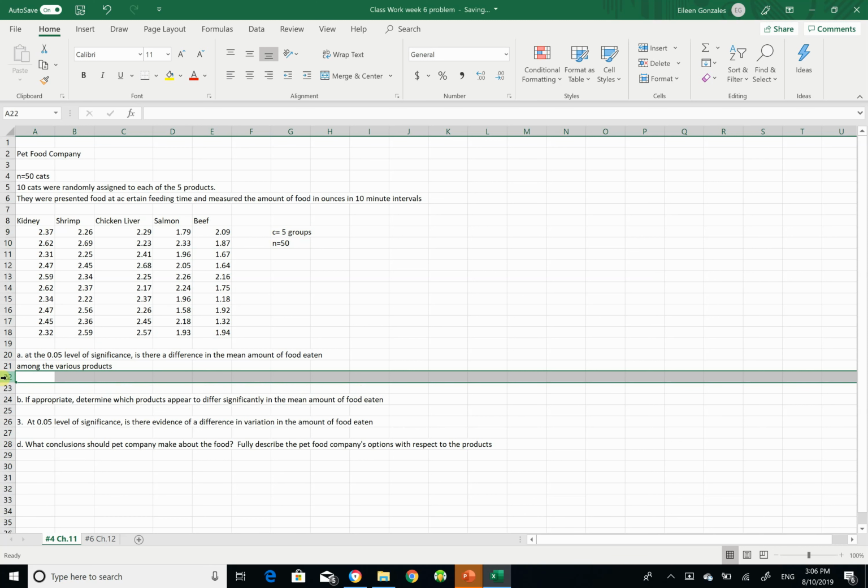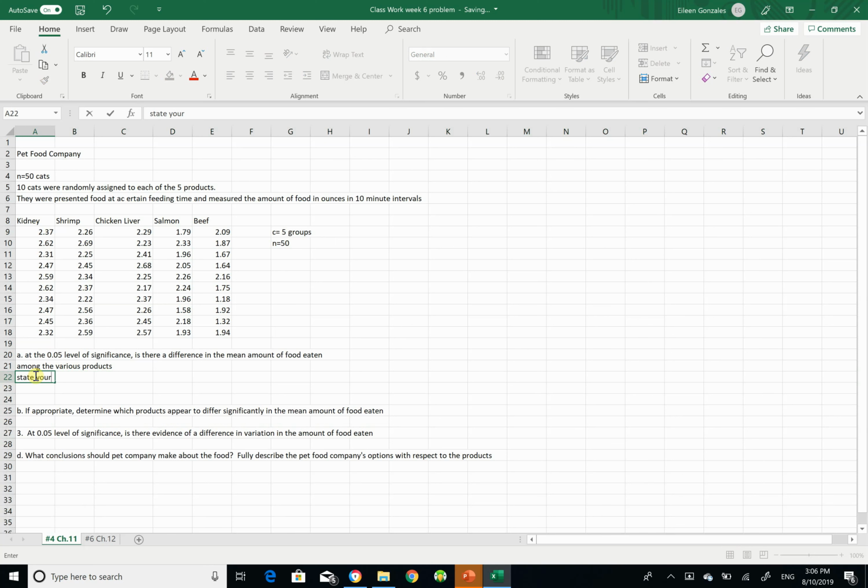you need to state your null hypothesis. And it would be a good idea to list your variables. Why? Well, because that way you know what you're working with.